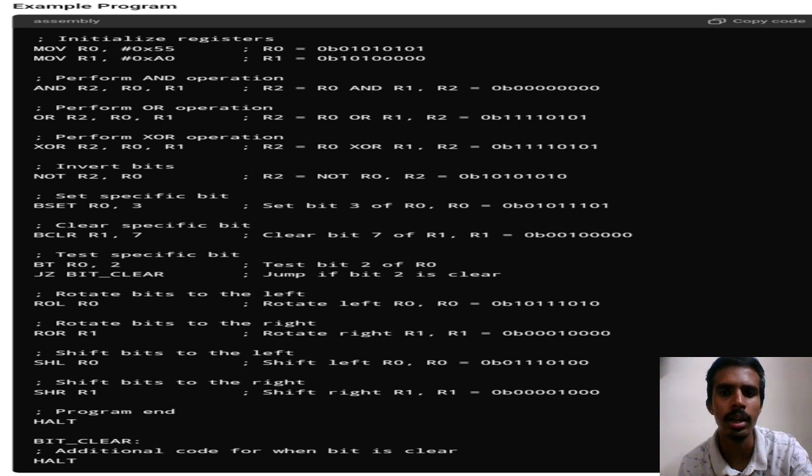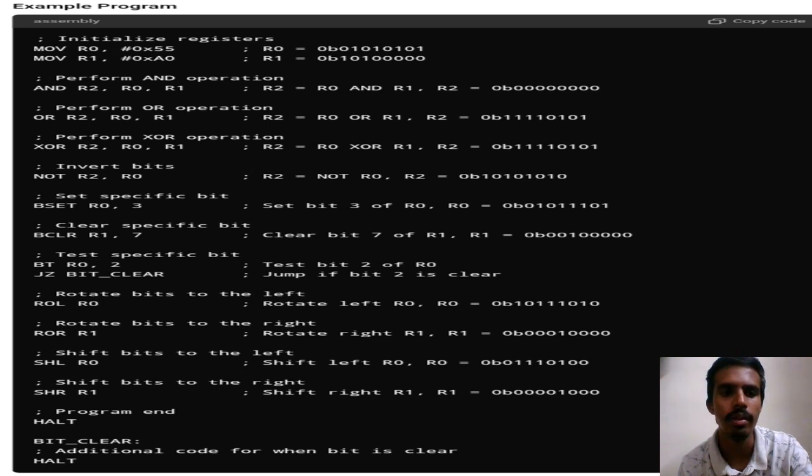So setting bit 3 of R0, that is R0 is equal to 01011101, which is written in the form of 5DH. Next comes the clear data, where the bit is cleared and we can obtain the value of R0. So that is how the clear instruction takes place.